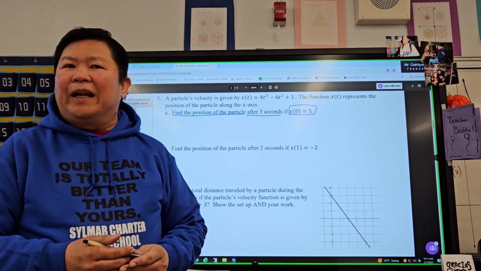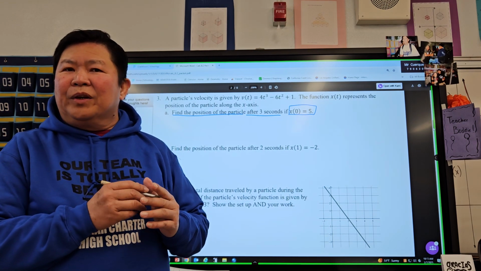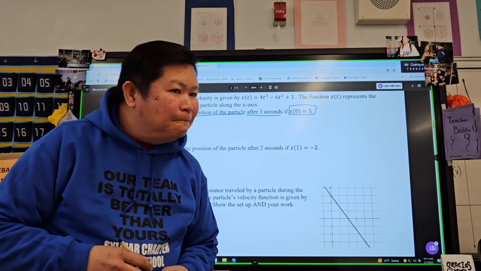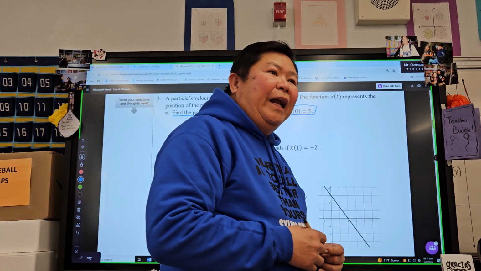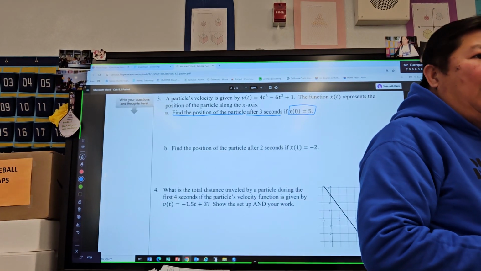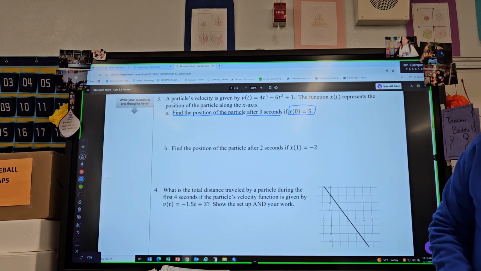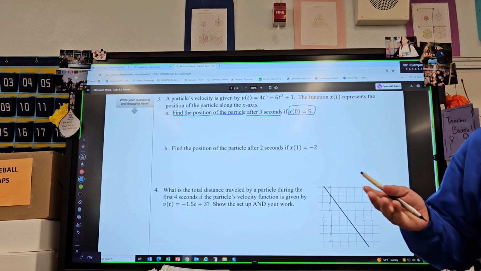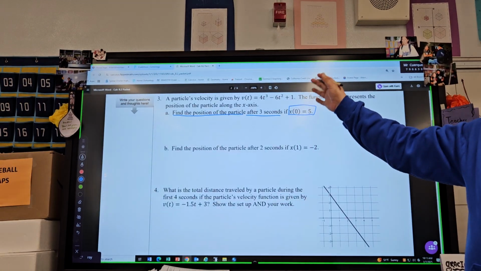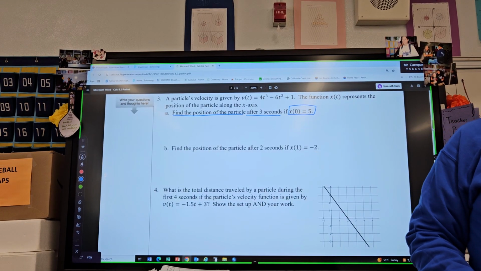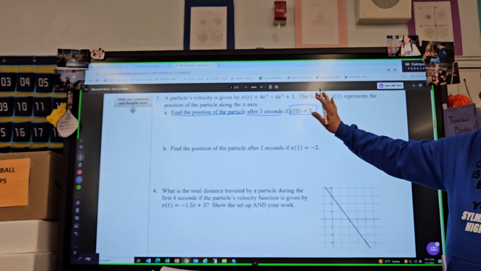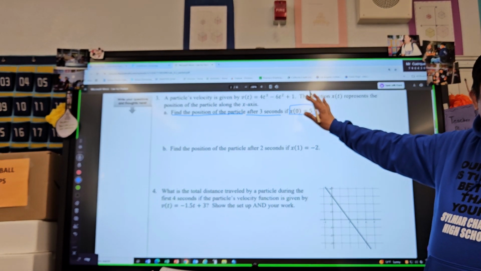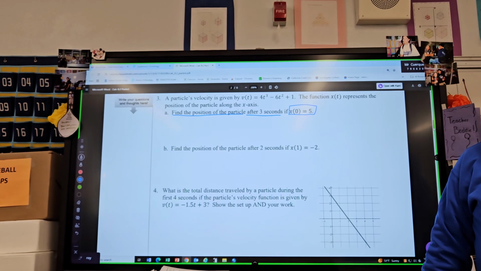If that is the case, number 1, it is given, so that means there is an initial position of 5. You need to be careful because this is a very tricky question and this type of problem always comes out in the actual AP.